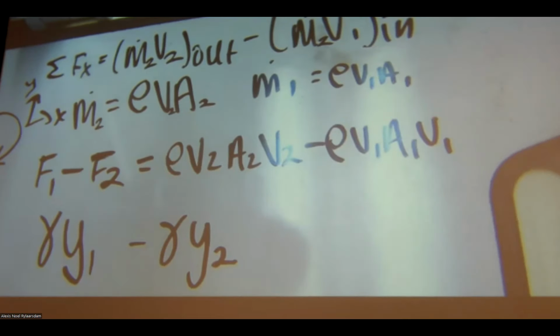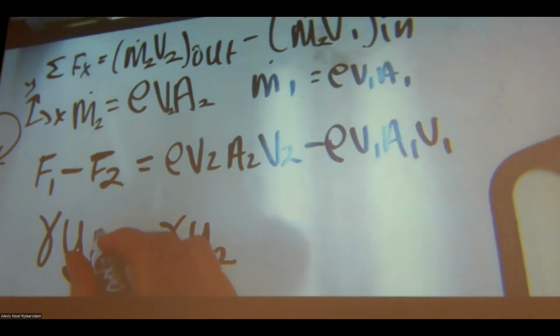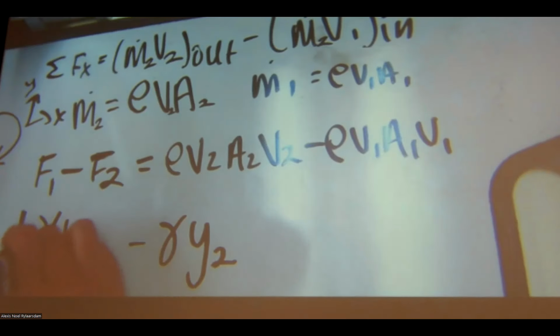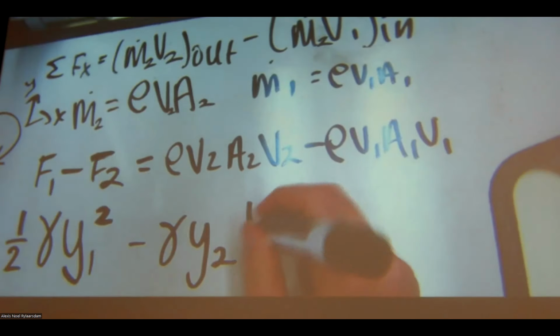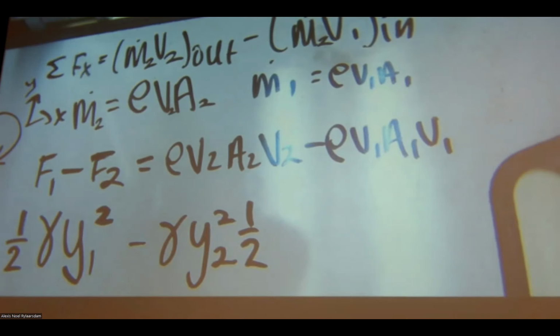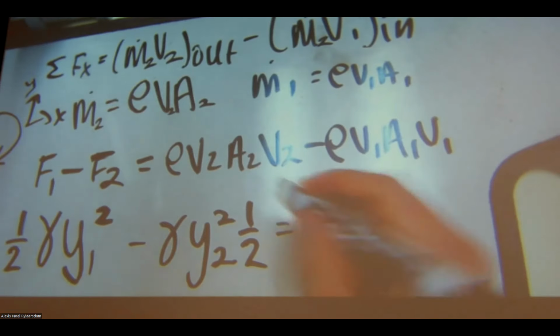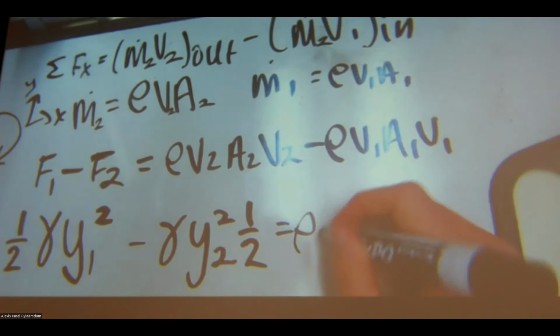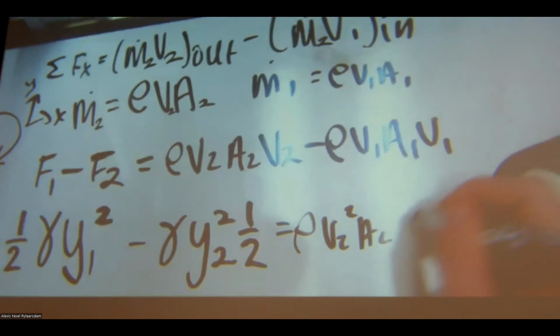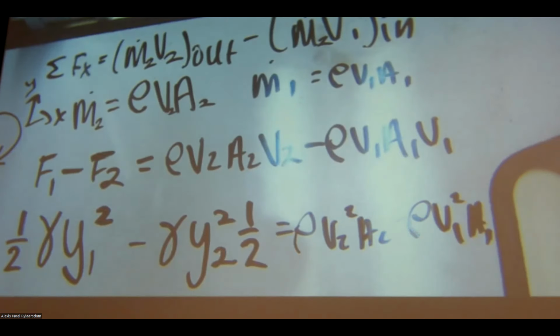Gamma y is going to be the pressure, but we also need the location in there. The location is going to be 1/2 of y, so we're going to add in 1/2 gamma y squared. The reason it's 1/2 of y is because it's the centroid. And let's simplify the right side a little more: rho v2 squared A2 minus rho v1 squared A1. Okay, that's looking really good.